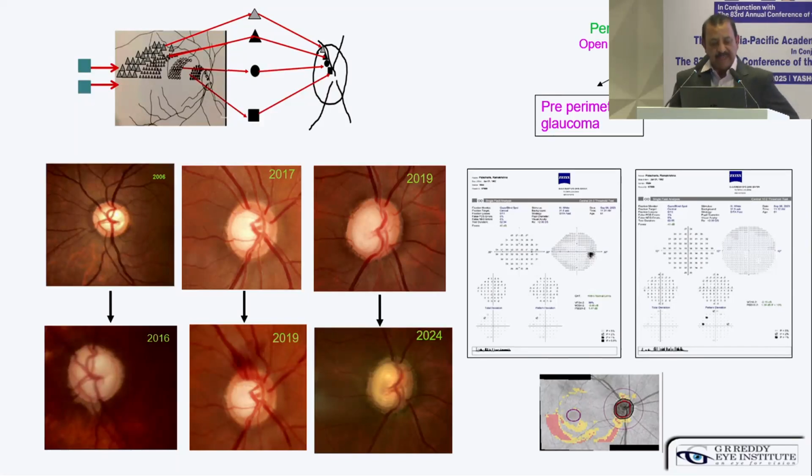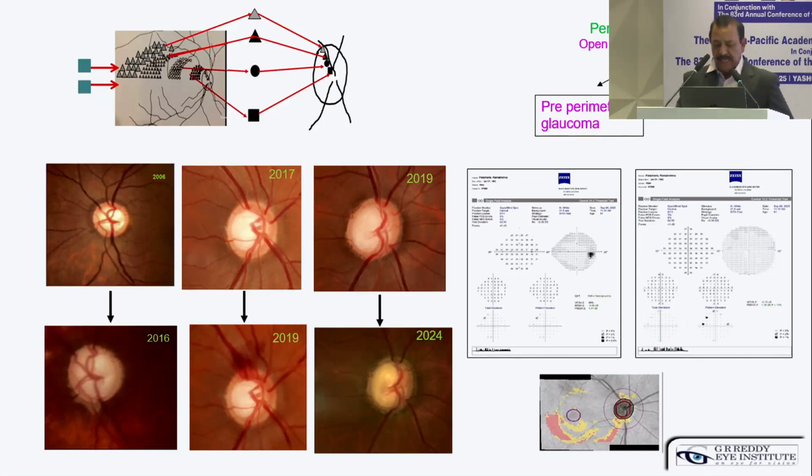In 2017, 2019, she came with a disc hemorrhage. In 2019 the third case was seen, and in 2024 it came in an advanced stage. So it is very, very important to pick up early glaucoma at this stage, because in most of these cases, if the field defect appears at the periphery, they almost look normal.